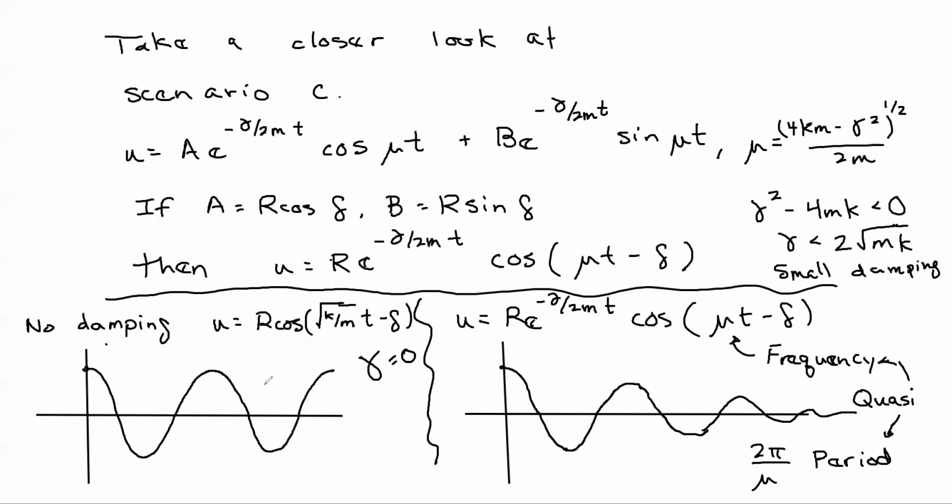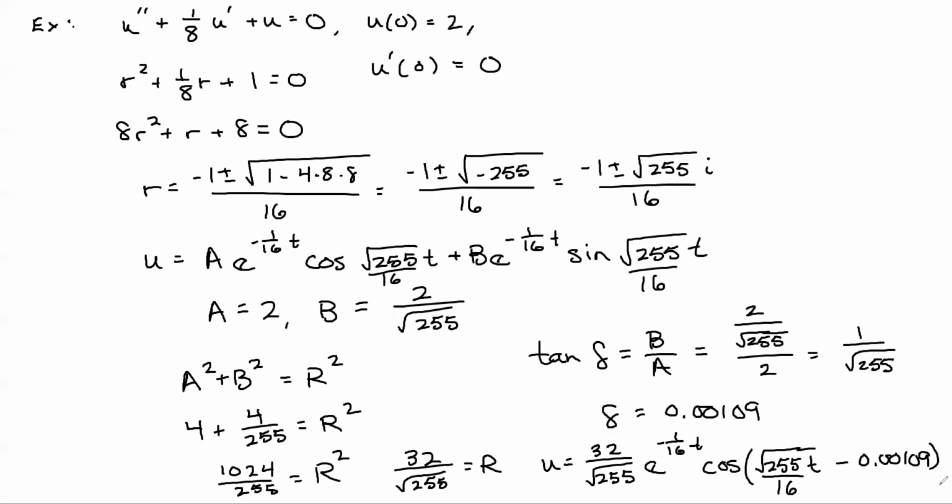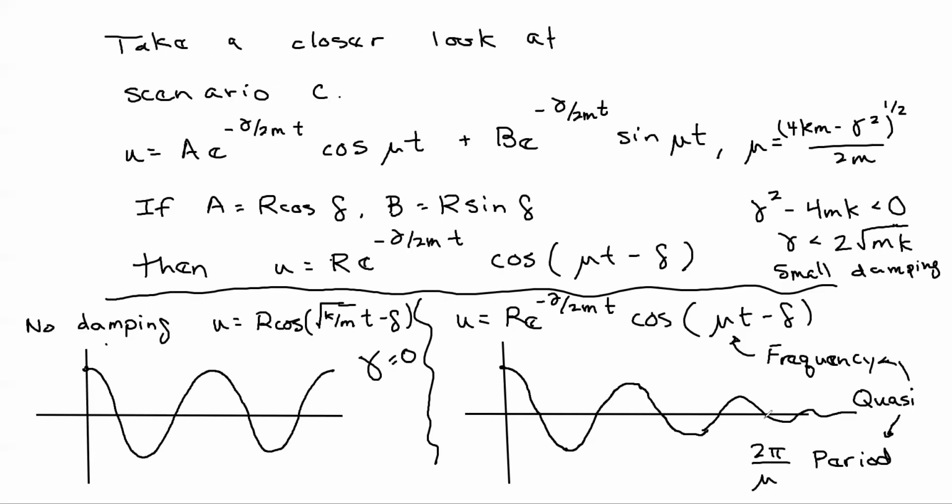We then compared how the damping value relative to the mass and the spring constant gives you these different possibilities. If the damping is 0, you get the undamped scenario. And then we went through and did an example that fit in with this scenario, so you could explore it. And so that's it.